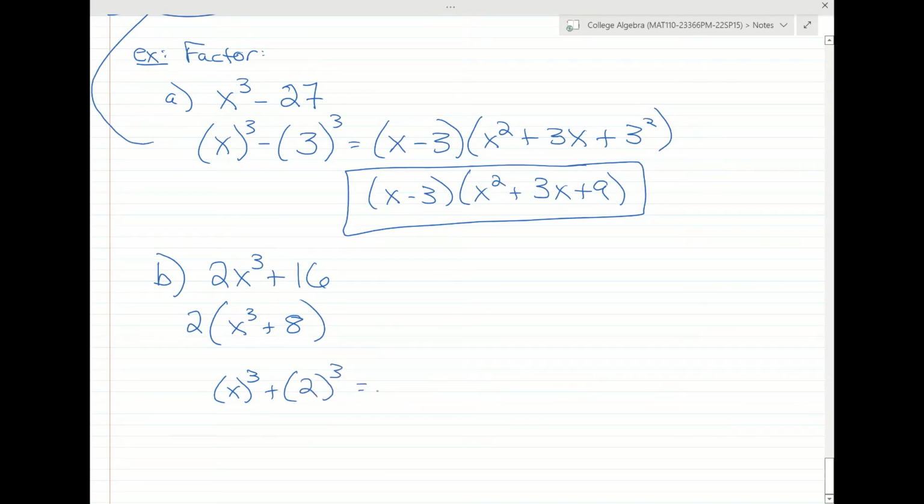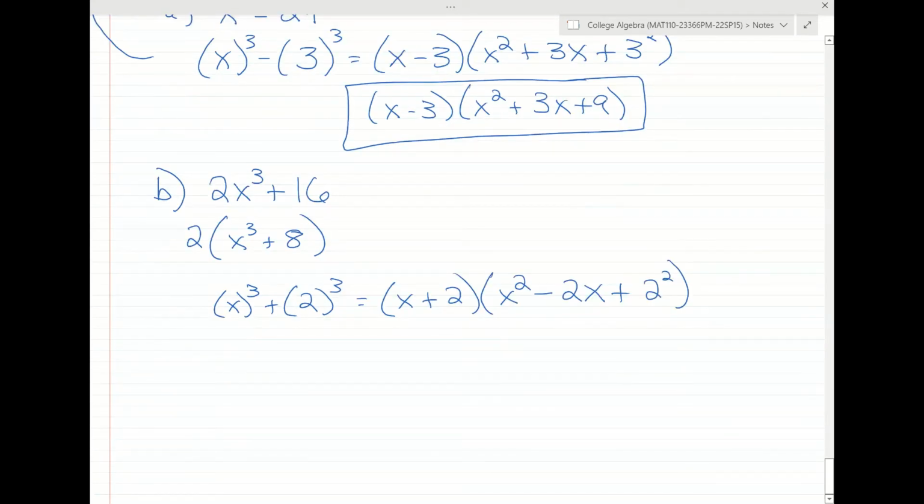So according to our formula, we're going to write x, same sign, 2, times x squared, opposite sign, 2 times x, and then always positive 2 squared. So this would just be x plus 2 times x squared minus 2x plus 4.